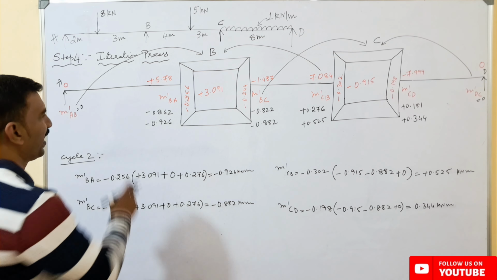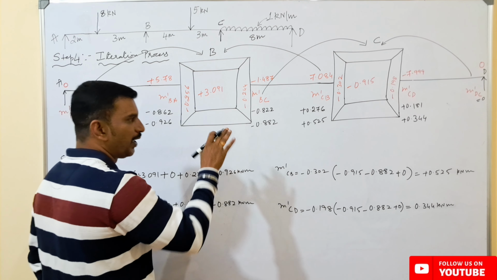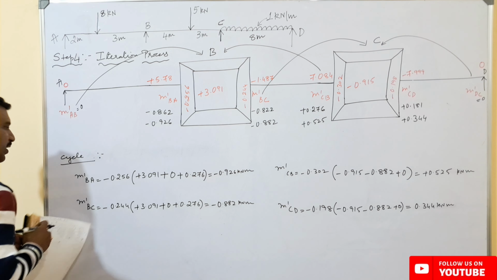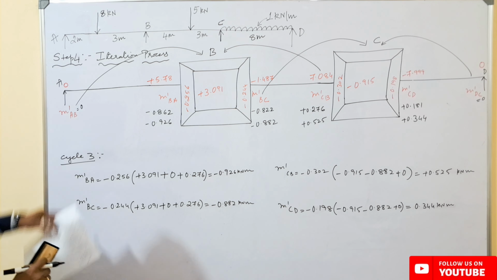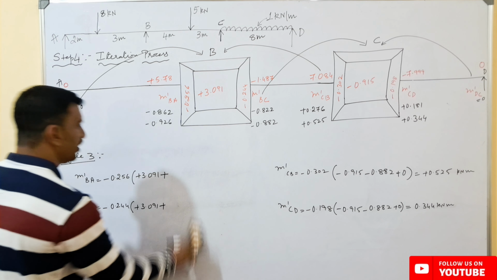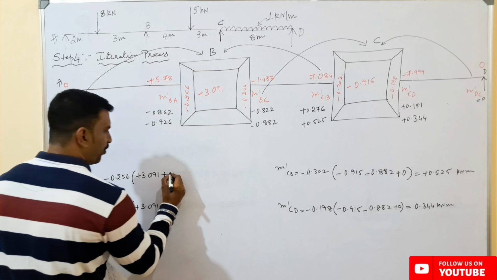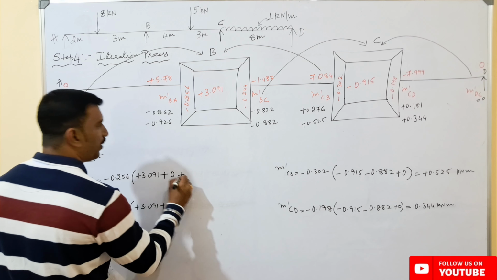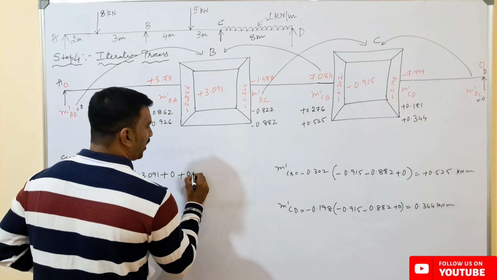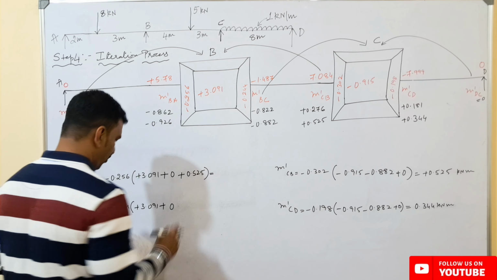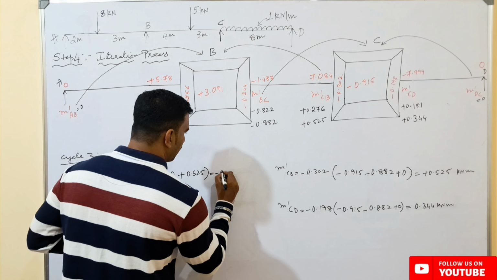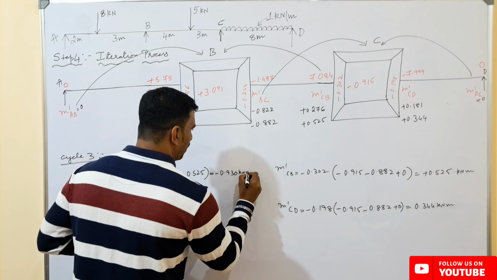If we observe over here, the values are not similar. So we need to keep on continuing the iteration process. Here we will consider the third cycle. Everything remains the same, only this value keeps on changing. Now the far end rotation contribution will be 0 over here for both, plus the far end rotation contribution here, which is 0.525, a new iteration value, which will be equal to minus 0.930 kilonewton meters.